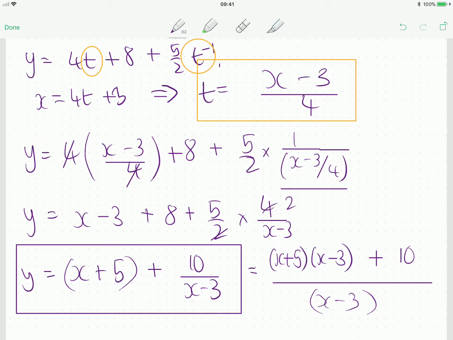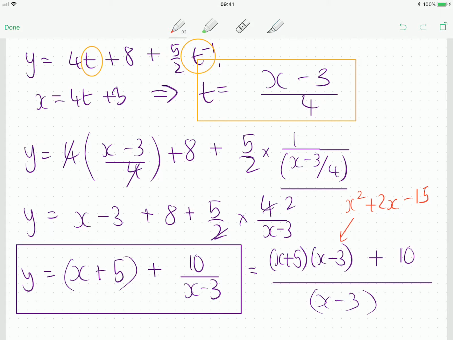Okay, so now I'm just going to multiply all this out on the top. Let's do a side working. If we multiply this one out, we have x squared, 5 take away 3, so we have 2x take away 15. When we add on the 10, that changes to minus 5.